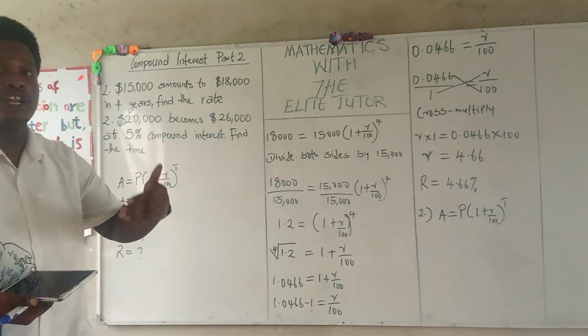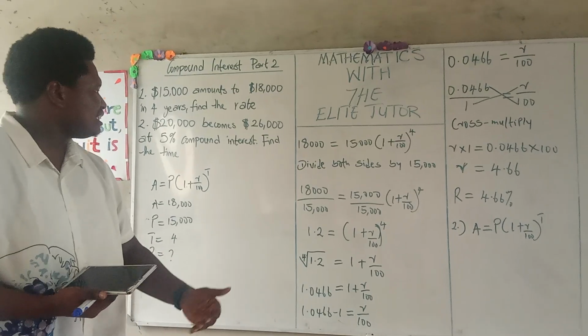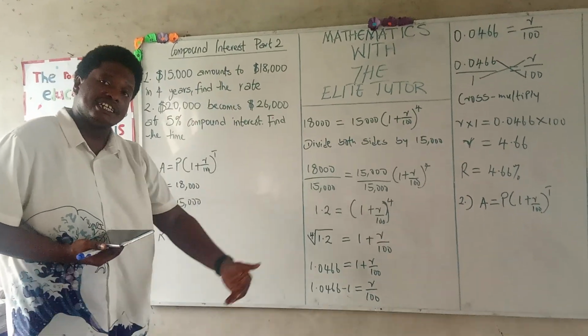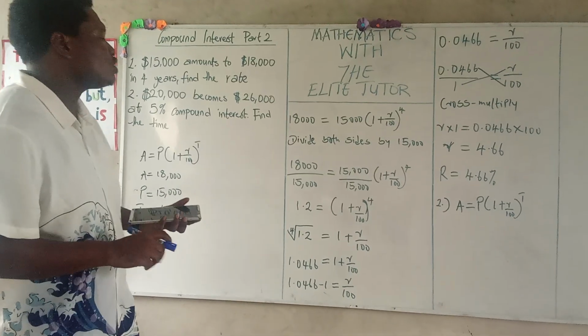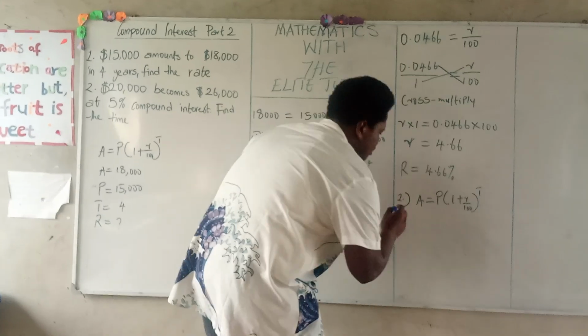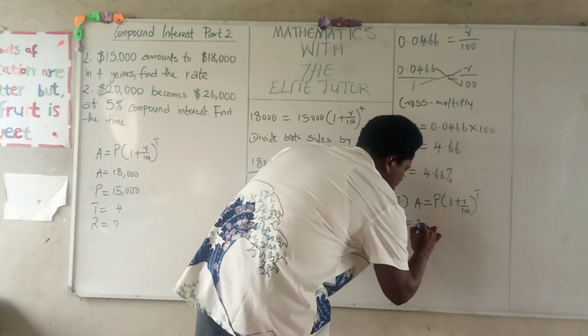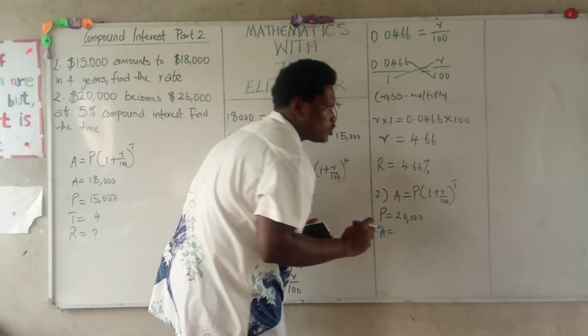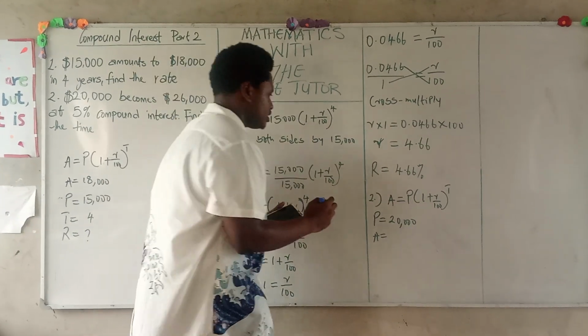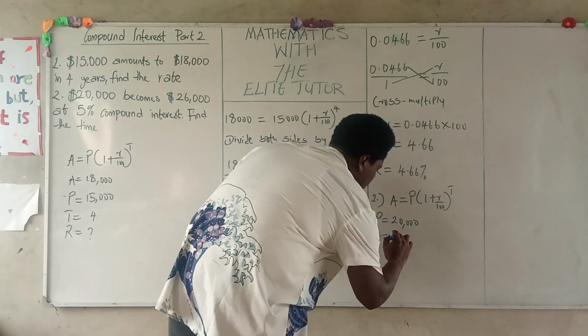That means $20,000 was invested, and after a few years' time, it became $26,000. That means our principal in this question is $20,000, and our amount, which takes into consideration our principal and interest, is $26,000.